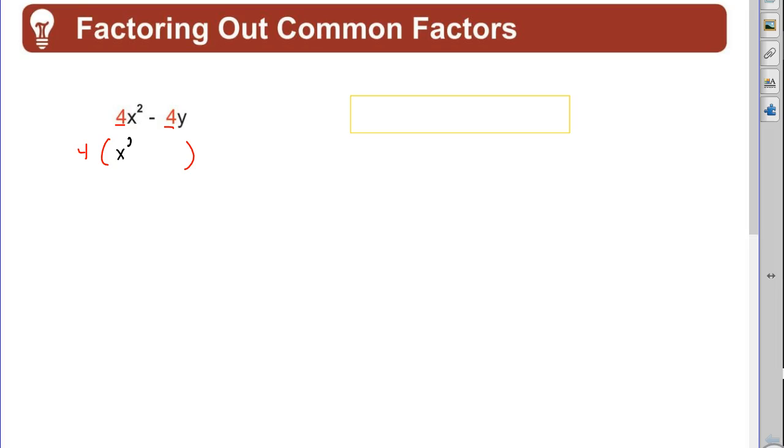So I still have the x squared, I still have the minus, and I still have a y, and so 4 times the quantity x squared minus y. Because really what we're doing is the distributive property in reverse. And you can always check your work by distributing and make sure you get right back to the original, and indeed we do.